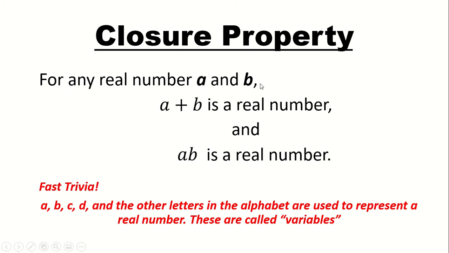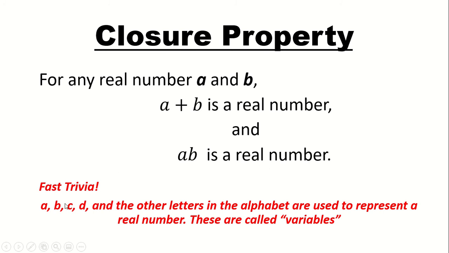Same with B. Think of any number that you can interchange with A and B. Whatever that real number is, if you add them, it will still give you a real number, or even multiplying them will still give you a real number.